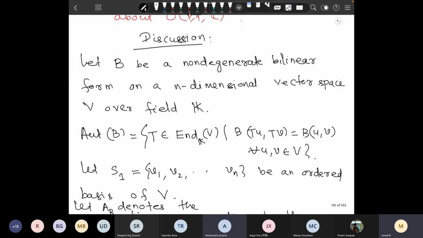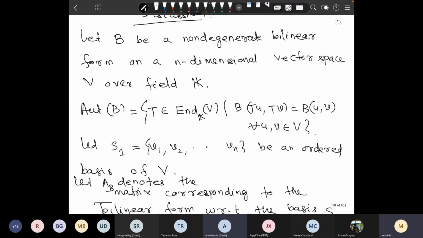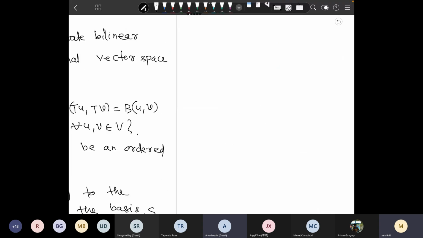Now I realize this group of automorphisms of B sits inside the subgroup of GL_n(K). So if I take this basis, I realize this automorphism group of B inside a subgroup of GL_n(K).